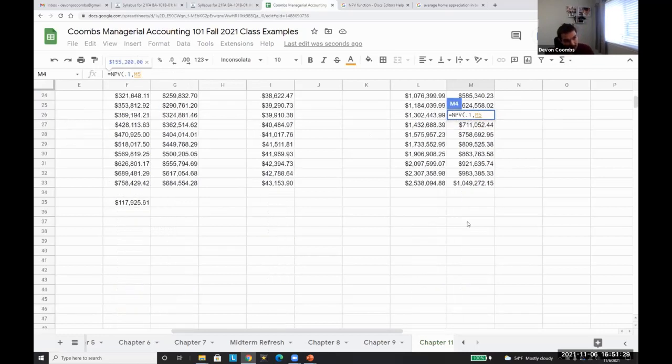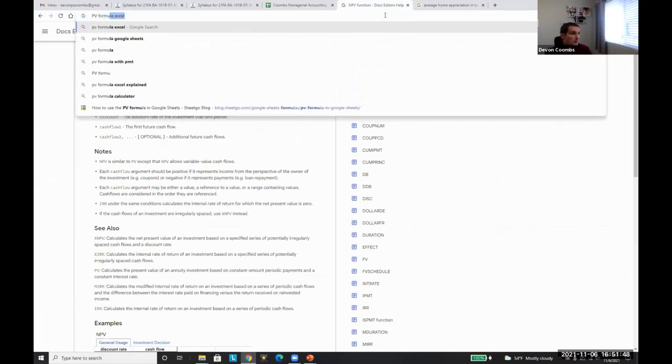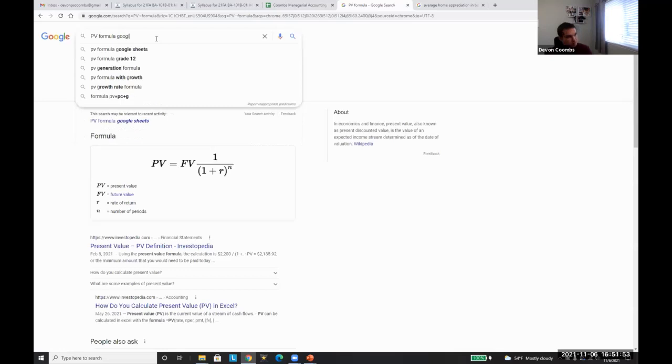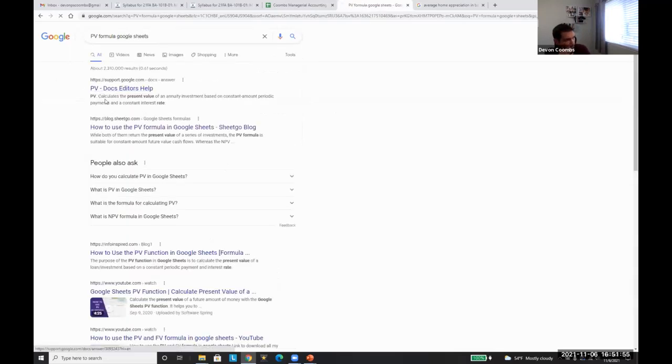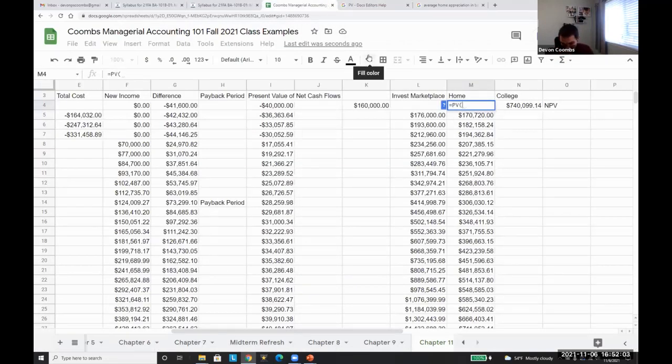There's another easy way to calculate NPV: the present value formula. It says we take the rate, the number of periods, and the payment amount. So we're saying here we're investing this for 30 years.